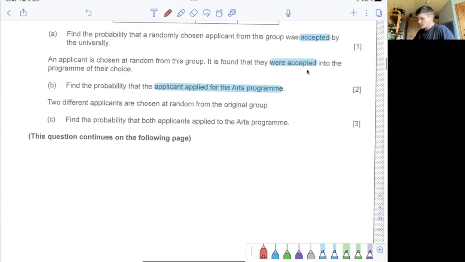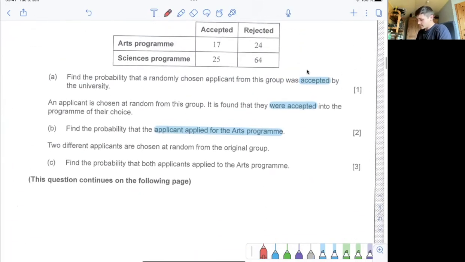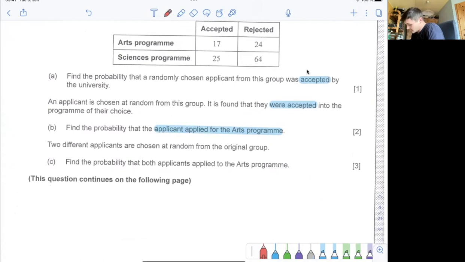Okay, so 2 different applicants are chosen at random from the original group. Find the probability that both applicants applied to the arts program. All right, so we've got to find that both applicants applied to the arts program.